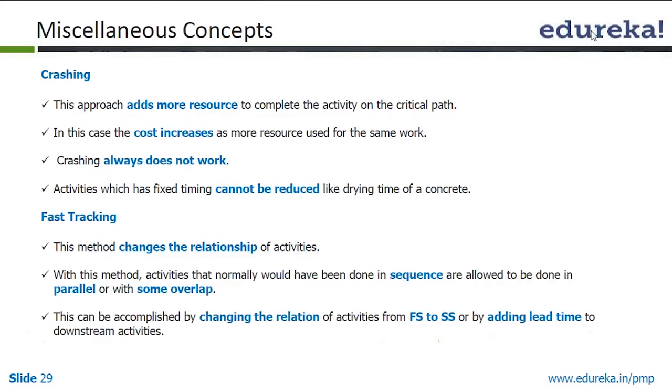Second, we might also not be able to add more resources. Suppose there are 3 programs to be written, and all 3 programs are given to 3 programmers. In that case, adding another programmer will not help, because you cannot divide one program between 2 programmers. So that is crashing.